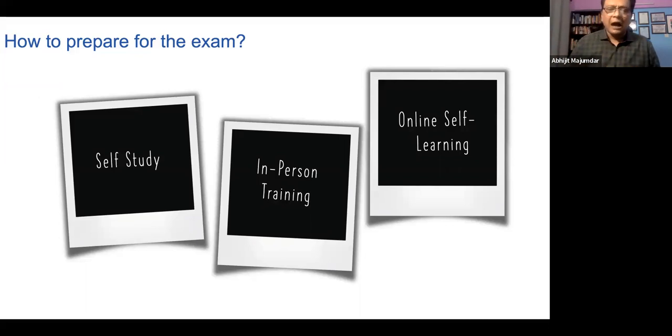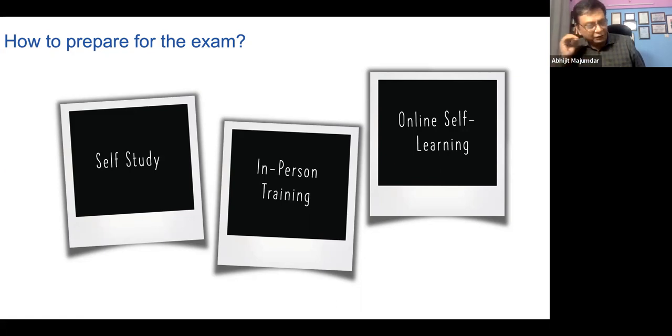Now, how do you prepare for the exam? There are multiple options for preparing. If you are a well-disciplined person, committed to doing this every day, and you have a sufficient background, like maybe 2, 3, 4, or 5 years, and you have gone through a bid end to end, right from the origination to the final bid, you can do a self-study.